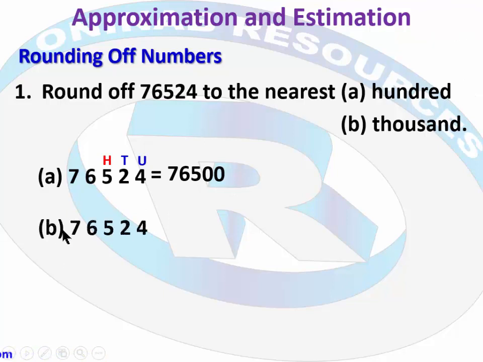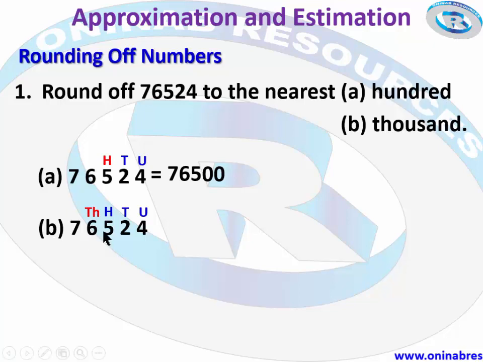So we go to B: 76,524 to the nearest 1000. Again, we name the digits. This is unit, this is 10, this is 100, this is 1000. Since we are to round off to the nearest 1000, we recognize this 6 as our nearest 1000.